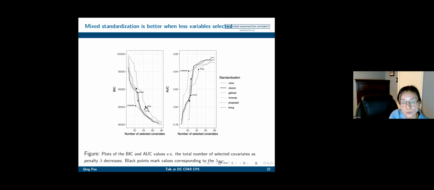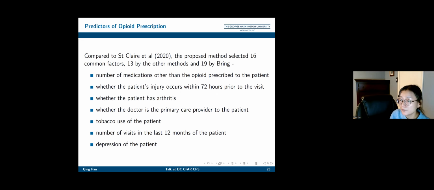The Brain method has slightly lower BIC, slightly higher AUC, but the price is you need to use 44 covariates. Instead of our method, you use 22 covariates, much simpler. So the simpler the model fitting, the better, if you can tell the story and make accurate predictions.